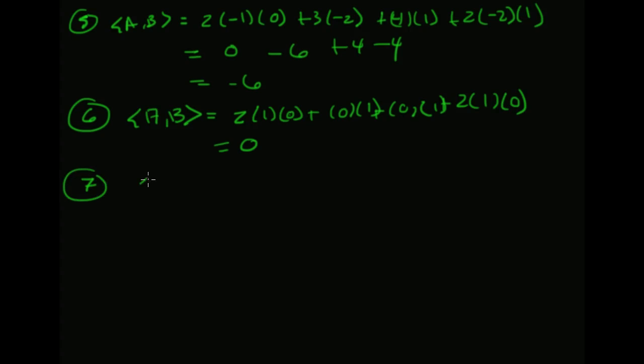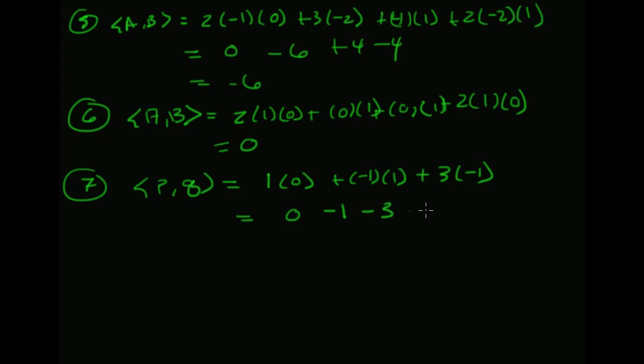Number 7, we're working with polynomials. This is going to yield 1 times 0, because there's no constant term in the Q, plus -1 times 1, plus 3 times -1. So this is 0 minus 1 minus 3, which gives me -4.